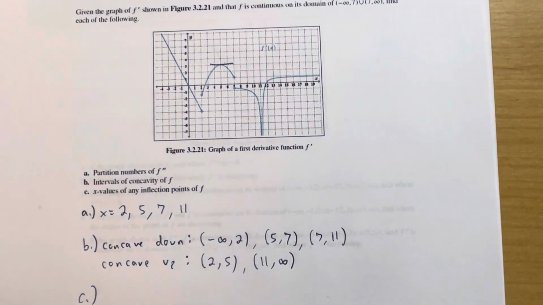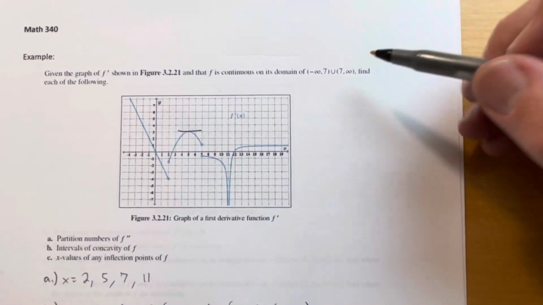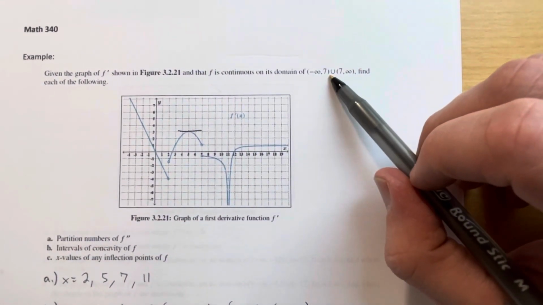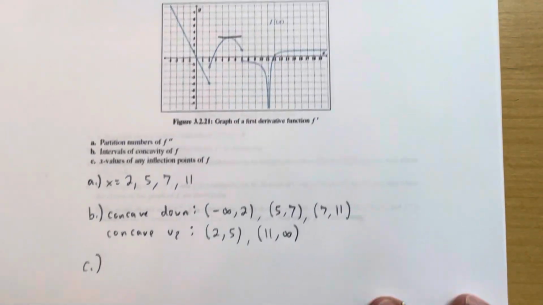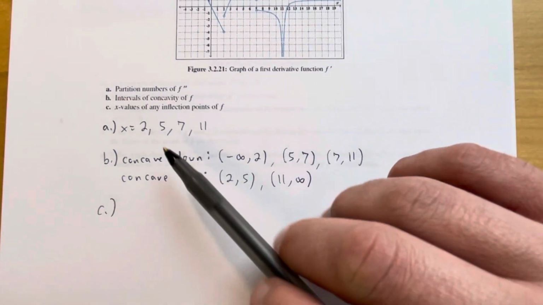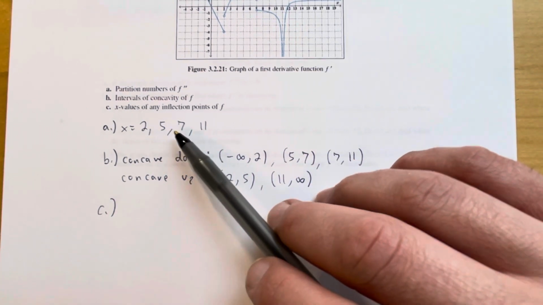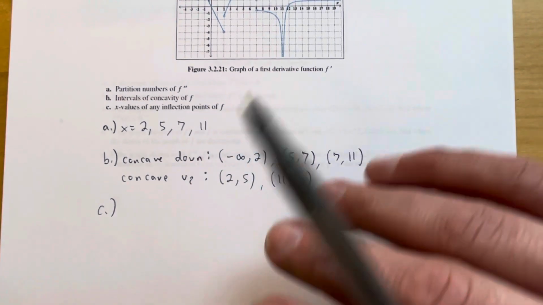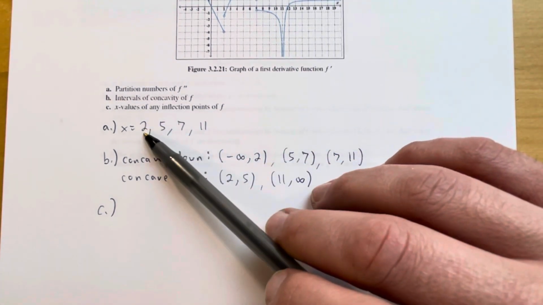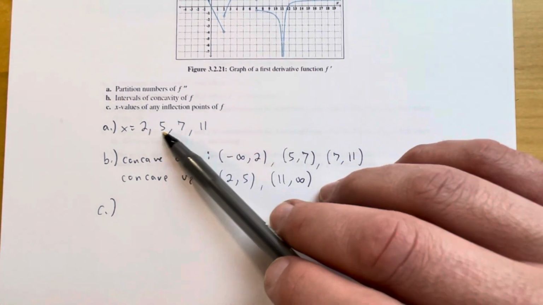Finally, what are the x values of any points of inflection? Well, we cannot have a point of inflection at 7 because, again, the function itself is not continuous there. Points of inflection can only occur at partition numbers, but since we ruled 7 out, the only possibilities are 2, 5, and 11. We need to check for changes in concavity at these values.